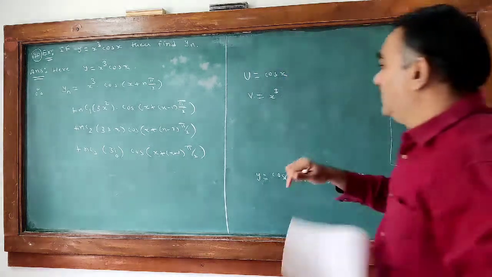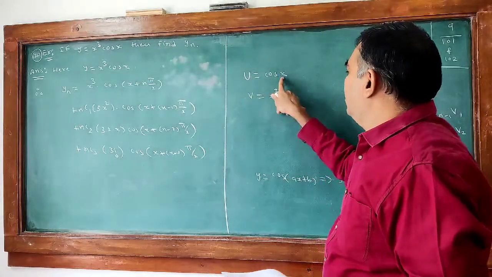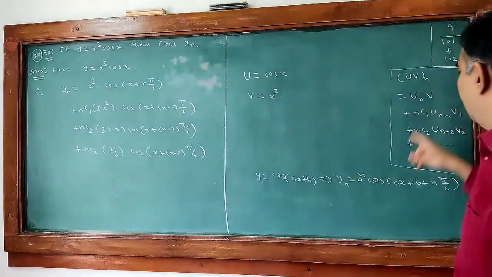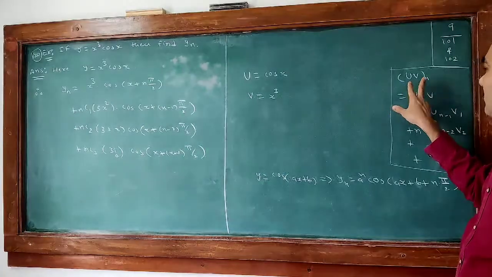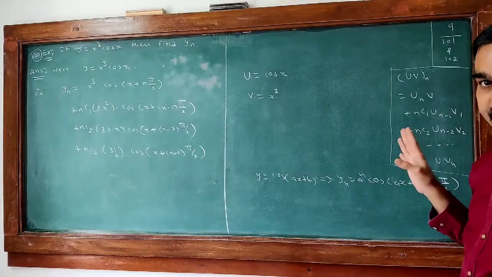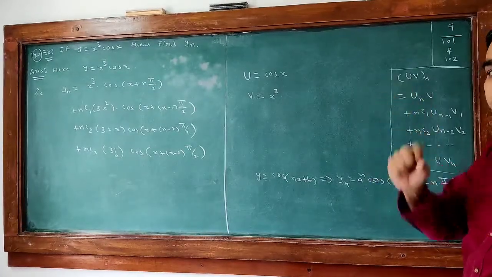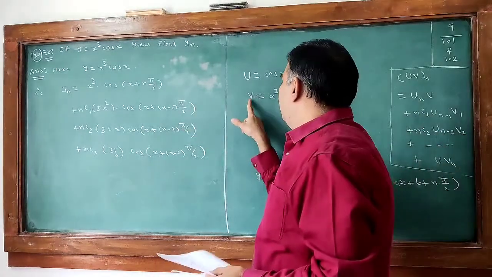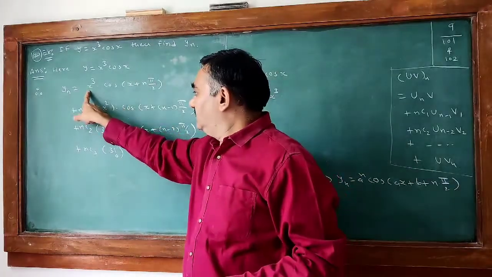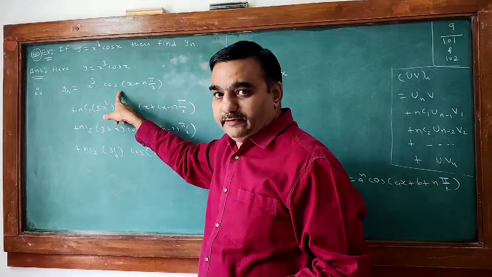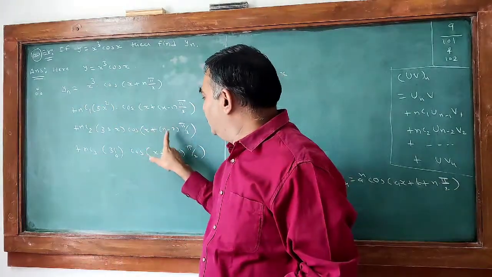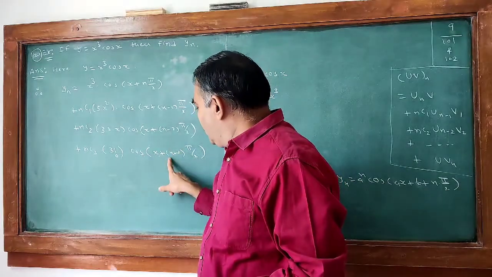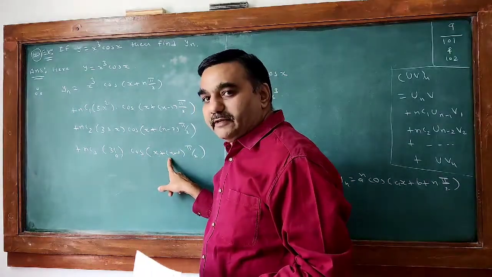Let me explain it again. We consider u is cos x and v equal to x cube. By the Leibniz theorem, the nth derivation of the product of u and v: we consider v as x cube as it is, and the nth derivation of cos, one less derivation, another less, one more less differentiation, and third less differentiation.